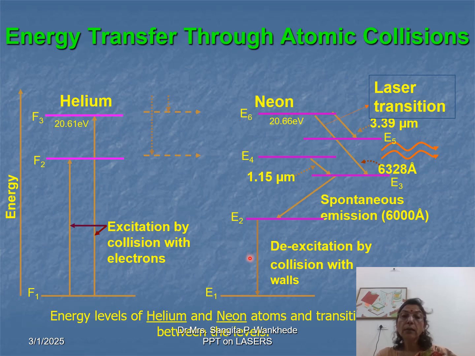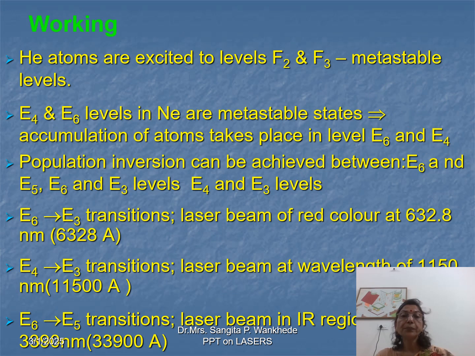For that, the discharge tube is narrow, and atoms in the E2 level collide with the wall of the discharge tube, and through collision they come down to the E1 level. They give up their energy and come down to E1 and are continuously available for pumping. Hence we are getting the helium neon laser in CW mode. So whatever I explained is shown here.